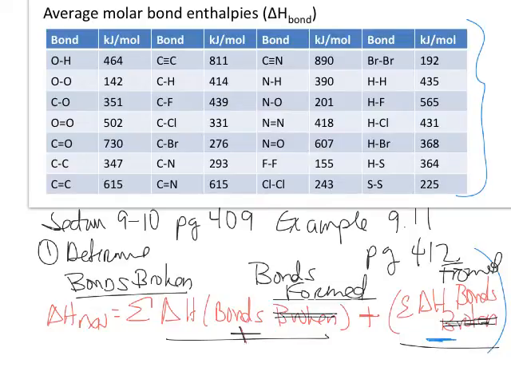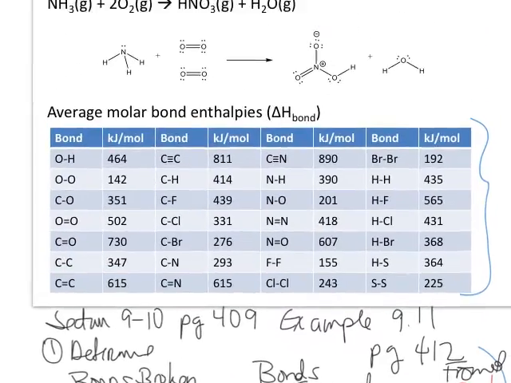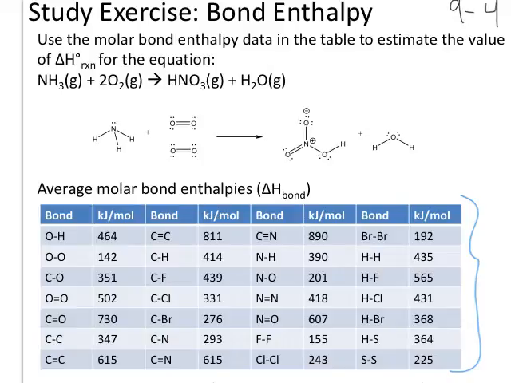And so, doing this problem then, if you look here, we have 3 NH bonds. These are broken. You can look on the reaction side, and we have 2 oxygen double bonds broken.